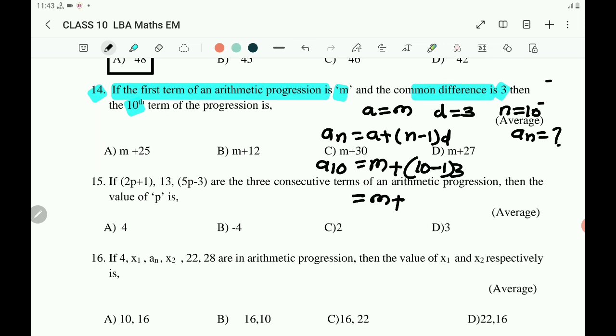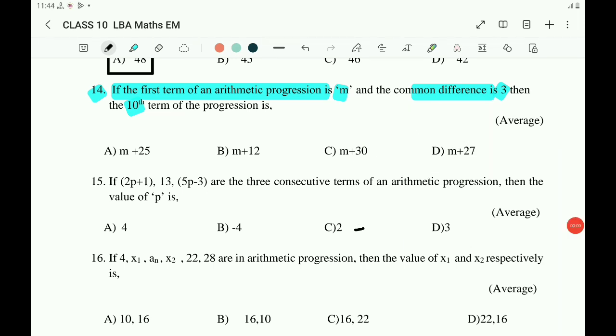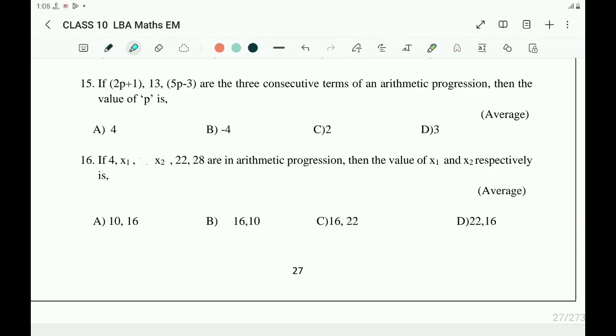Then m plus 10 minus 1 is 9, into 3. So, it is m plus 9 into 3, which is 27. So, what is the answer? Option D is the answer. M plus 27 is the answer.